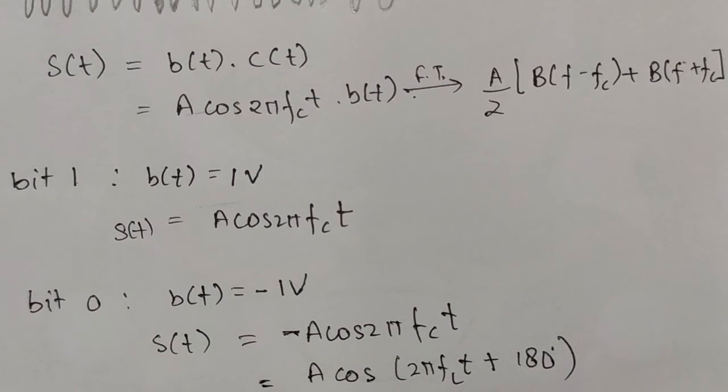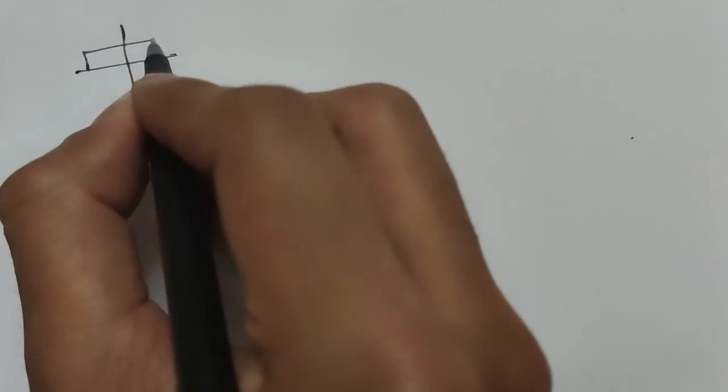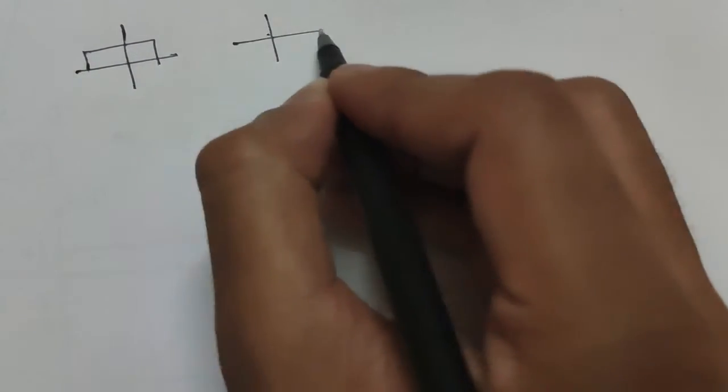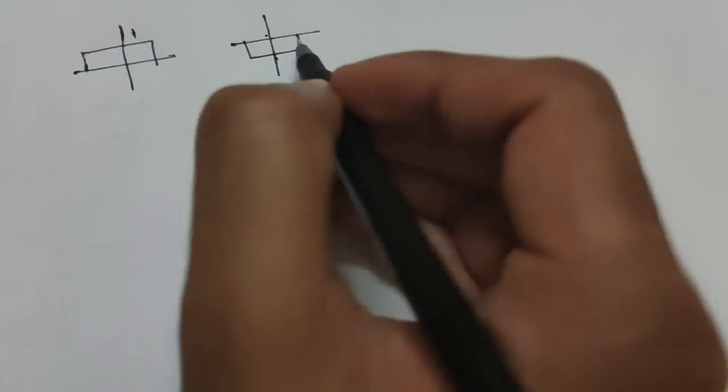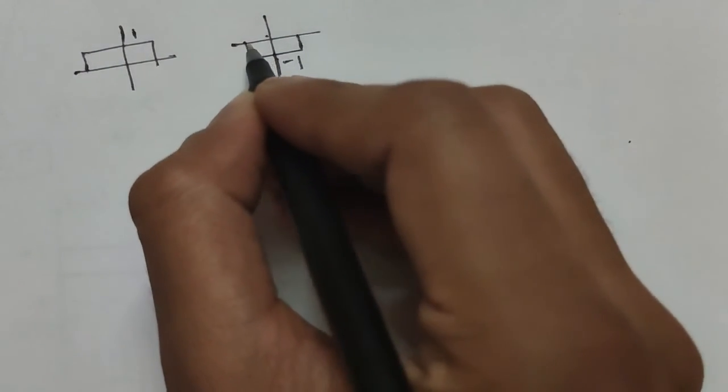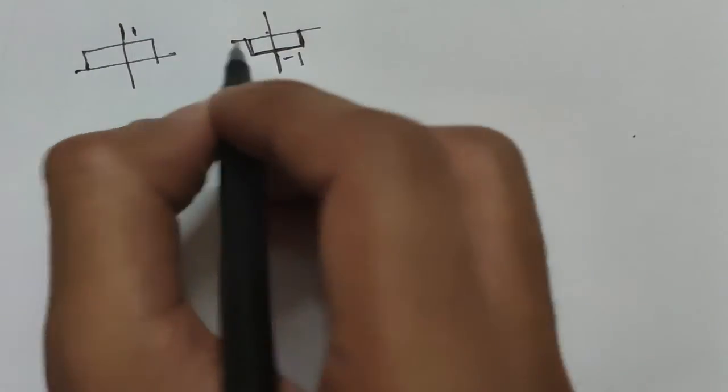Let us plot this signal. We know that B of t is our rectangular pulse, right? For 1 volt, 1 bit, we have a positive peak, that is this, and for negative we have this. So there is simply a change in the amplitude.